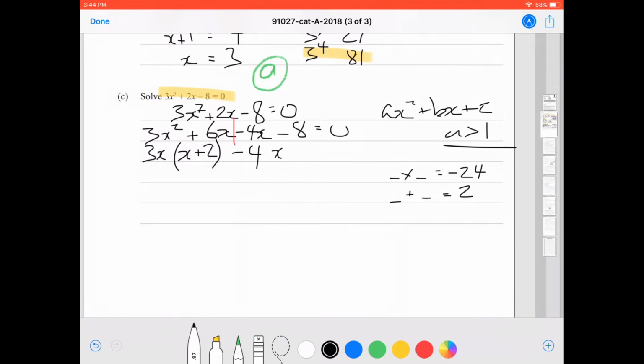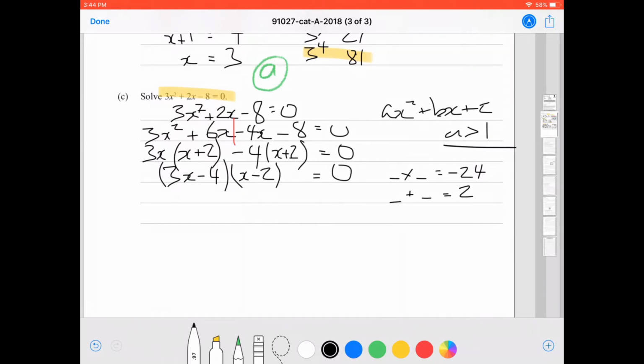And you know you're on the right track when your two sets of brackets are the same, and all equals 0. Okay, we can further factorize here. 3x minus 4 becomes a common factor, and x plus 2. Okay, and they equal 0.